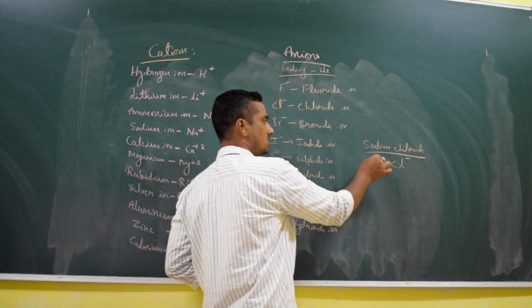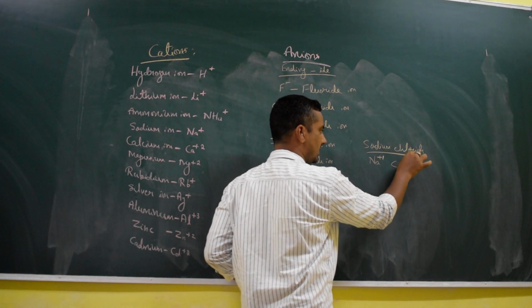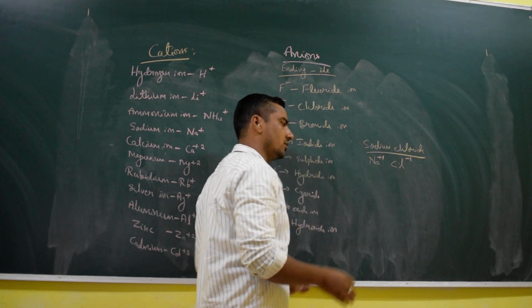So this is plus 1 and this is minus 1. Now we go for cross multiplication.